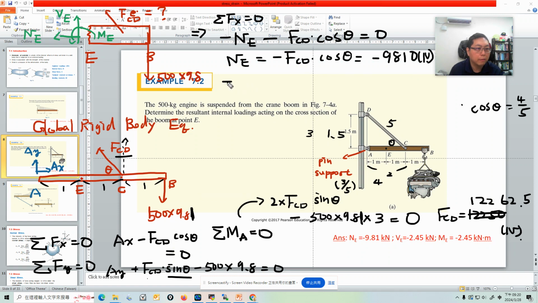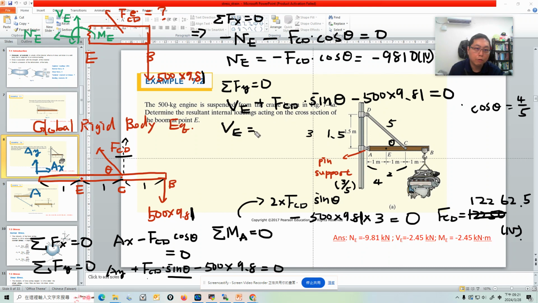Okay, so sigma Fy equal to 0. What do we have? VE points up, and FCD sine theta also points up, so it's plus FCD sine theta. And we have the weight at point B pointing down, so minus 500 times 9.81 equal to 0. So what is VE?